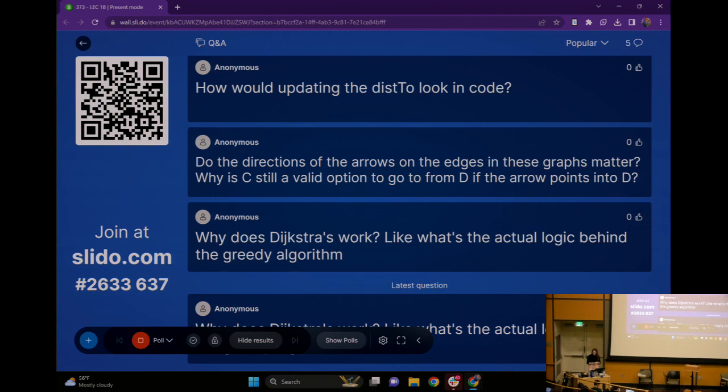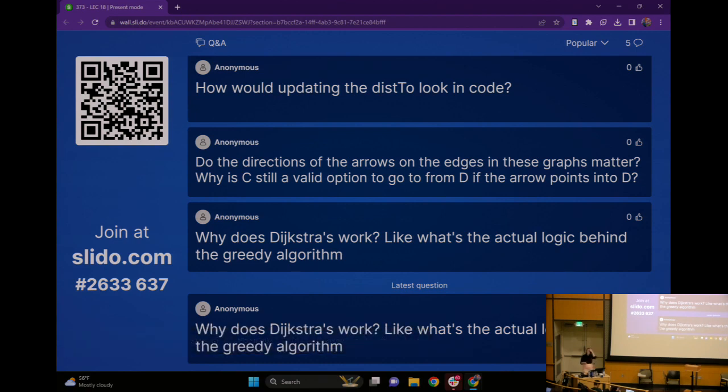Why does Dijkstra's work? What's the actual logic? This is literally a greedy algorithm: we're making the shortest distance choice possible at every single stage. Because we're always picking the next closest vertex, at the moment I lock in the vertex, I'm guaranteed that I've only made the minimum distance choices at every point up to then. That's why the greedy algorithm works.